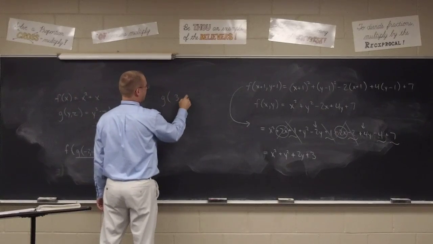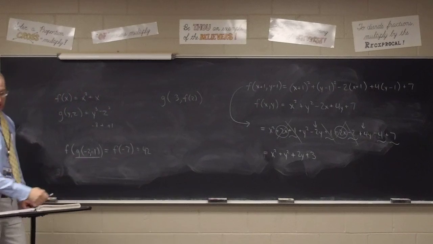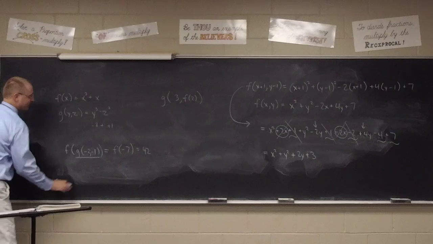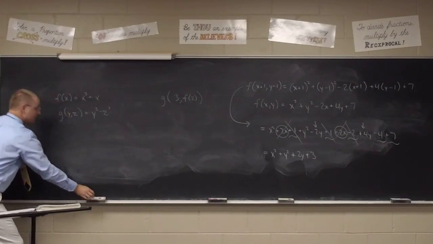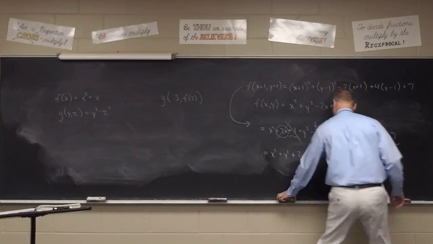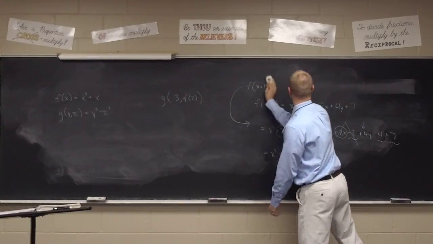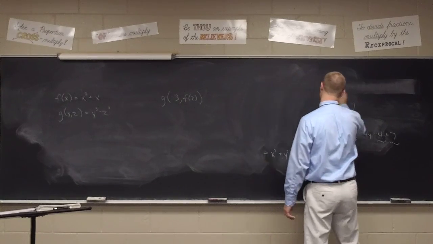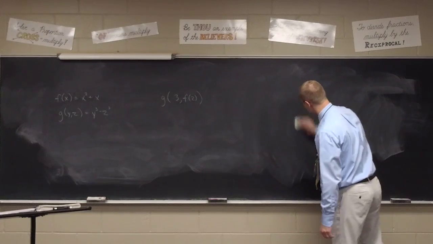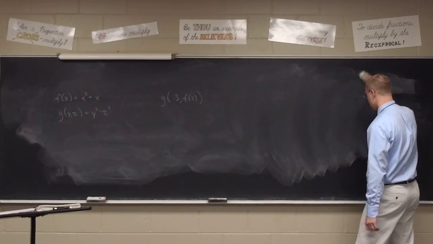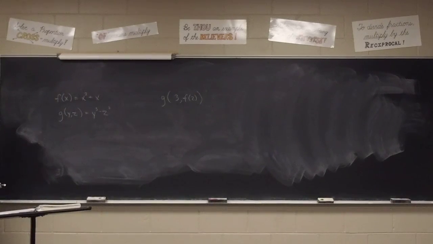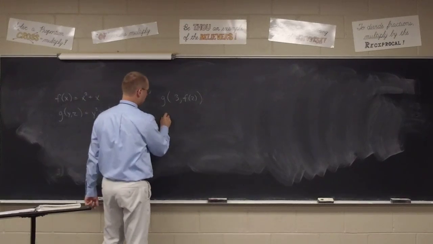All right, so here's another fun one. g of 3, f of 2. You got this. Take a minute, think about it. You'll get it. All right, at your seats. Is 3 to the third power 27? 3 cubed.